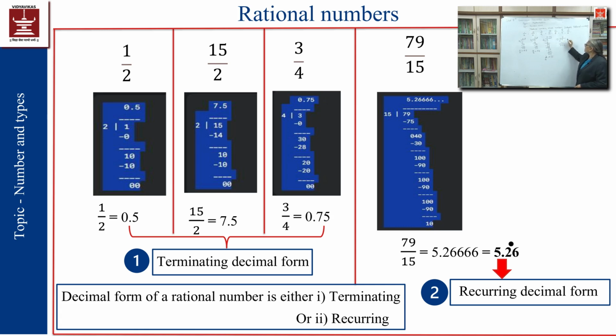Take down 0 after the decimal point. So, we are going to put the decimal point here. 15 3s are 45, so it will go by 2. 15 2s are 30. 40 minus 30 is 10. One more 0. 15 6s are 90.